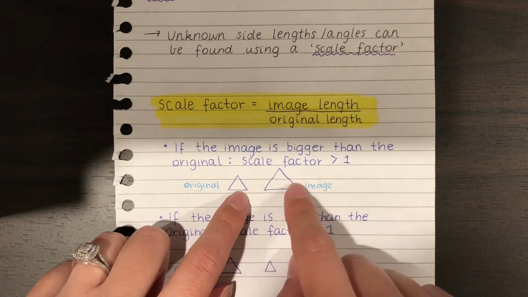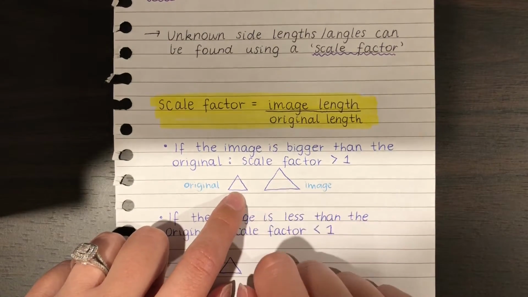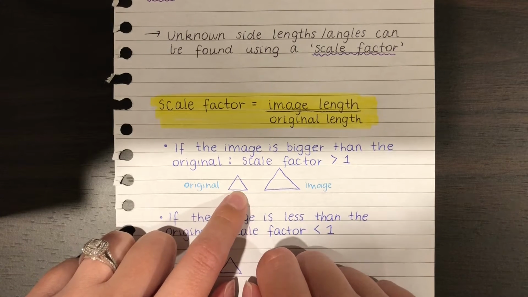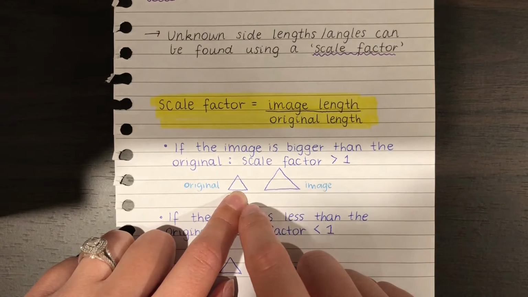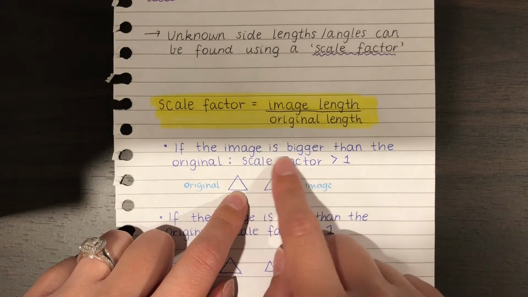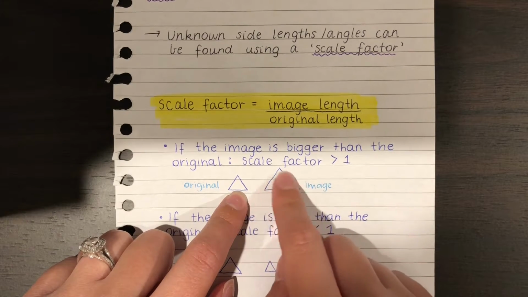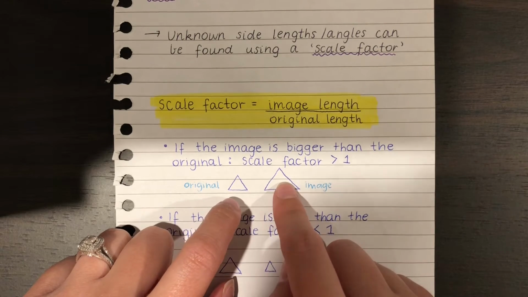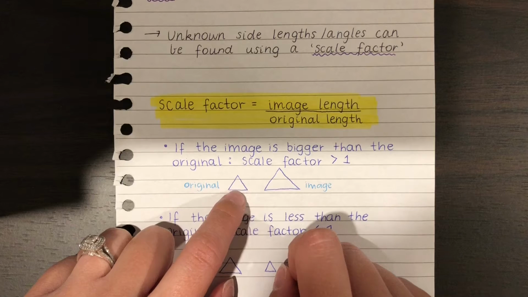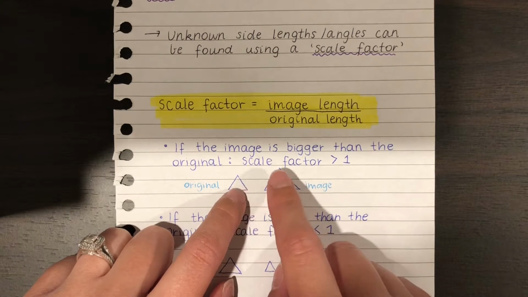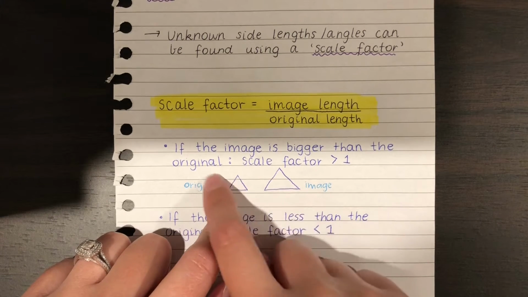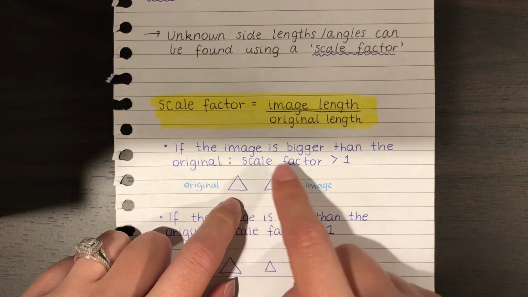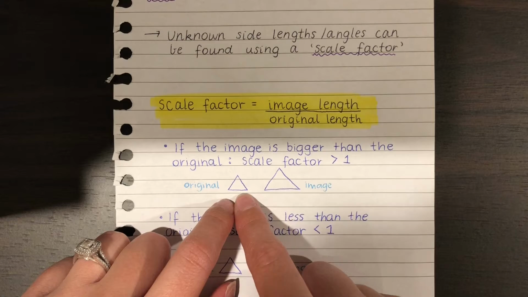For example, if we had two triangles, and the image of the triangle is bigger than the original triangle, you would expect a scale factor greater than 1, because what we've ended up with is bigger than what we started with.